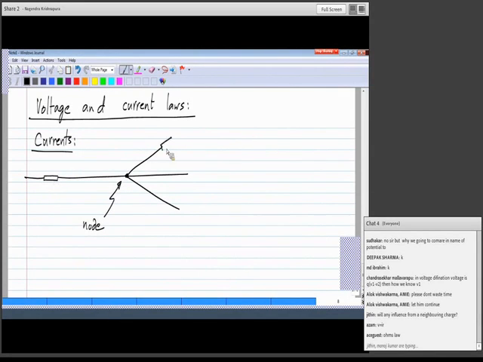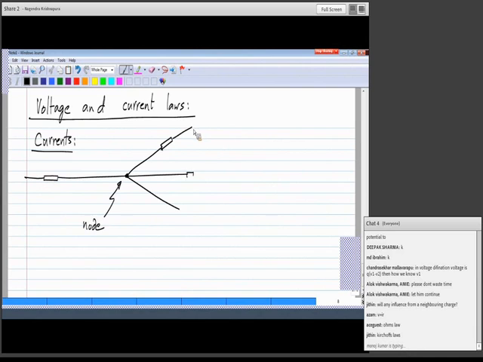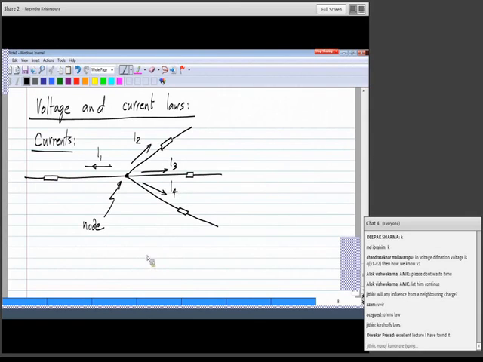Okay, now what this says is that if you measure currents flowing out of the node, I will choose to measure the current in this direction. I call this I1, I2. That says I1 plus I2 plus I3 plus I4 equals 0. Now this has nothing to do with any particular circuit, but this is true for any circuit.